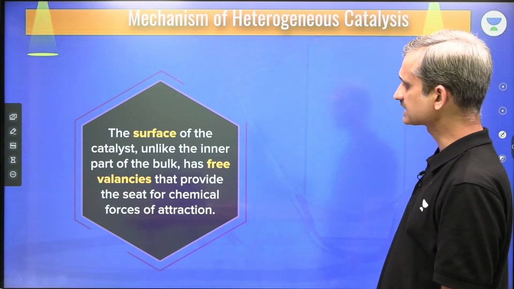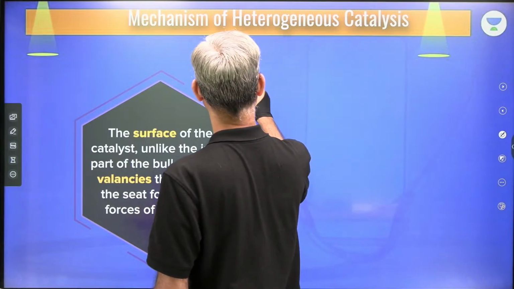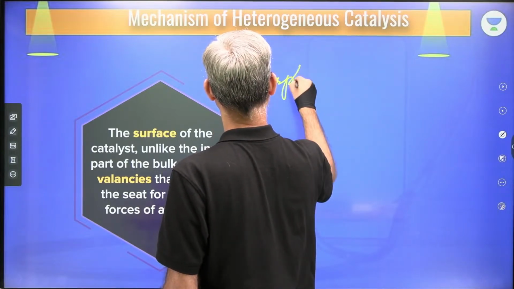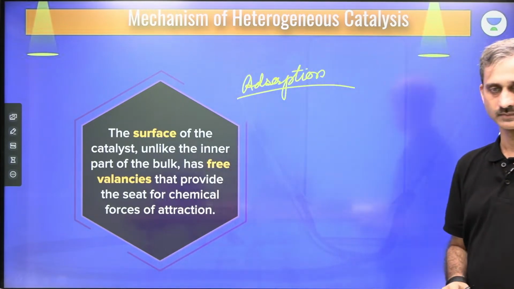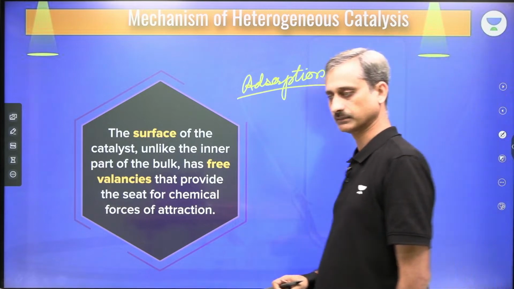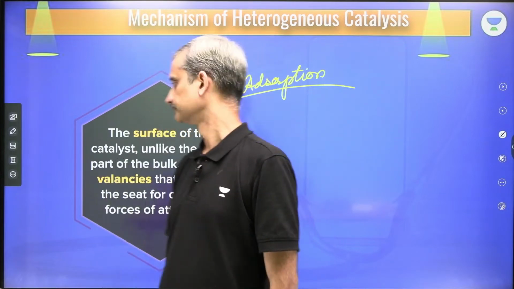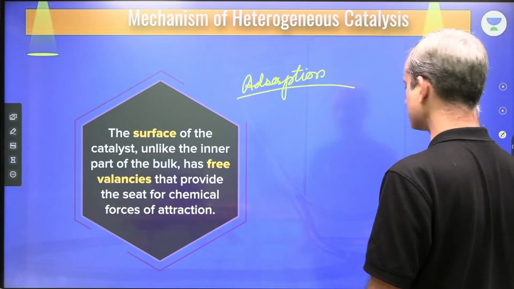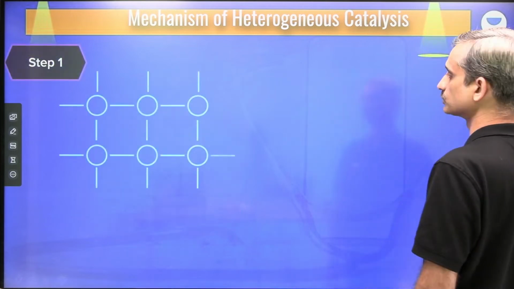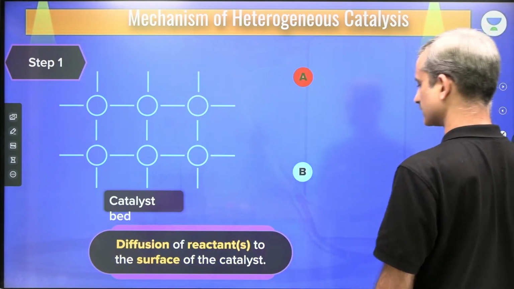The surface of the catalyst, like the inner part of the bulk, has free vacancies. Again, the same thing, that is adsorption. The adsorption is taking place. Clear? These free vacancies provide the seat for the chemical forces of attraction, so the reaction is able to take place. So here is the surface of the catalyst. The reactants attach to the surface of the catalyst.